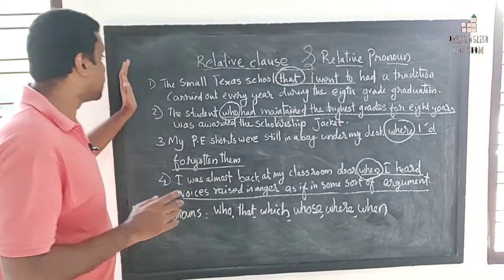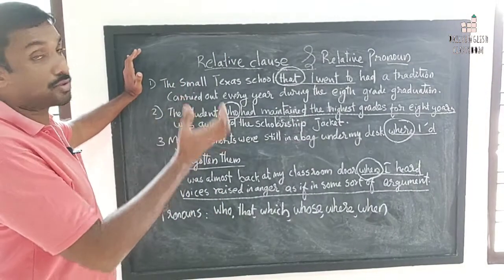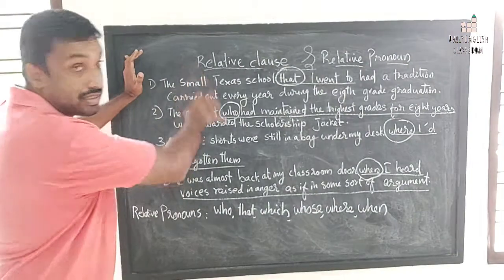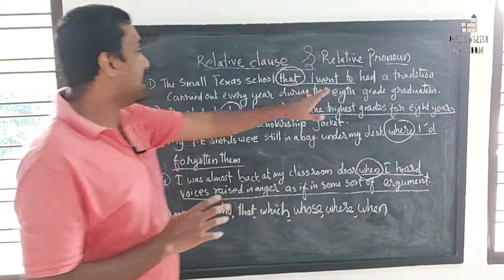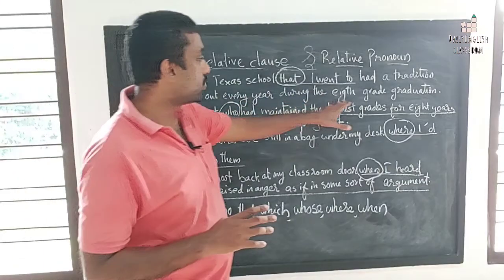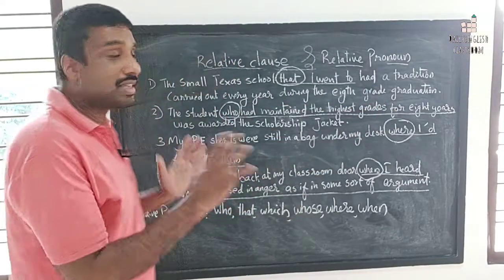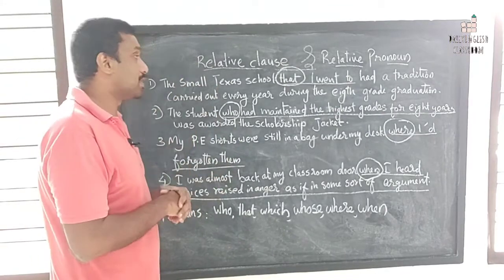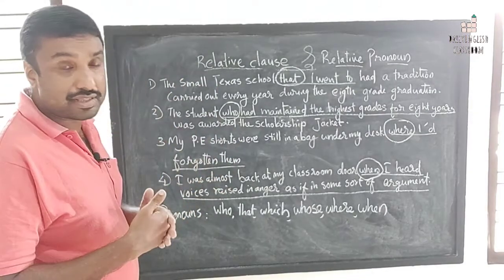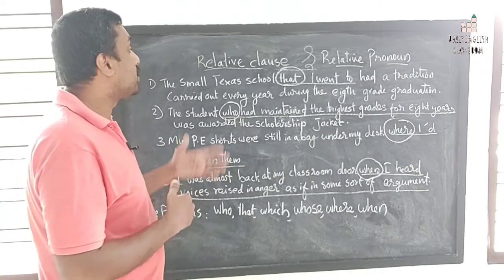In this sentence, a small part is already added to the main sentence. So in this sentence, the small Texas school had a tradition carried out every year during the 8th grade graduation is the sentence. Into that sentence, we add an additional information which cannot stand alone, that is called a clause.